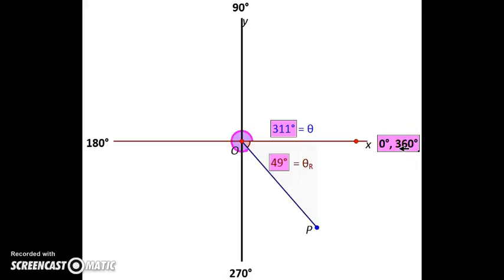The closest benchmark angle now is 360 to the 311, not the 0. So it makes sense that we've fallen 49 degrees short of 360, so we say 360 minus the 49 should give us the 311. You can check that. To summarize, in this quadrant, our standard position angle is always equal to 360 minus the reference.